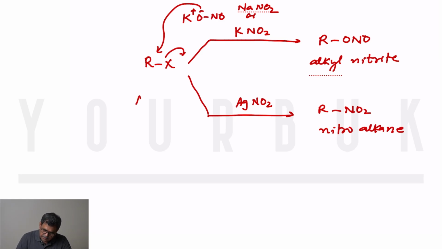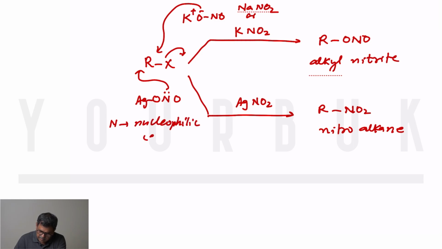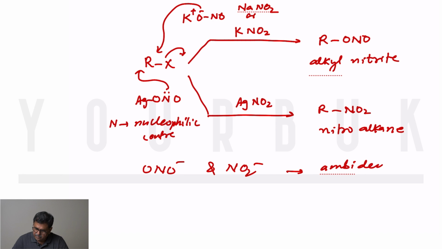In AgNO2, the silver-oxygen bond is covalent, and due to the lone pair on nitrogen, and nitrogen also having a size comparable to carbon, nitrogen is the nucleophilic center. In this case, nitrogen is the nucleophilic center. So it gives nitroalkane. So ONO minus and NO2 minus is also an example of an ambident nucleophile.